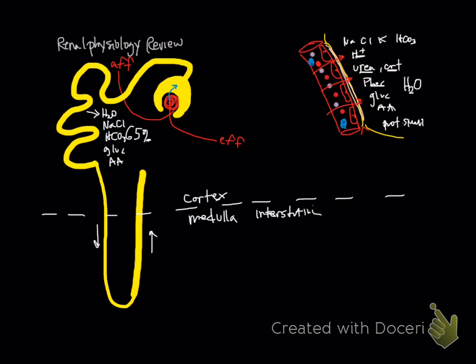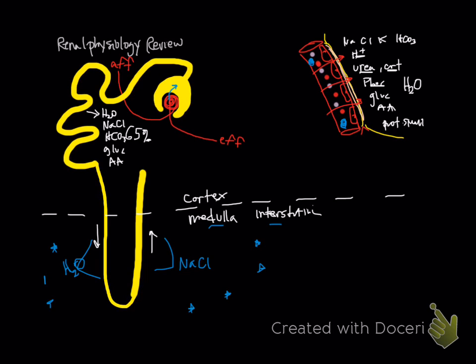So within our ascending loop of Henle, we actively reabsorb sodium and chloride. And that makes our medullary interstitium very salty. So we're going to put lots of little salty things in here. And we make it very salty so that in our descending loop of Henle, we can passively reabsorb water. So this is a passive process where we reabsorb water to facilitate water reabsorption in our kidneys.